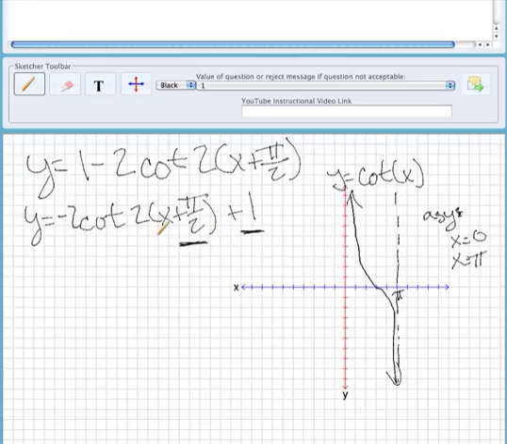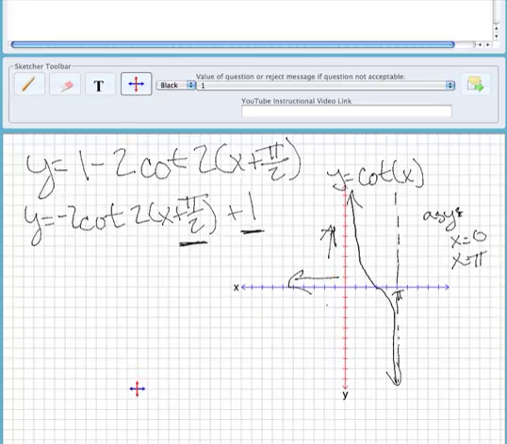This is going to shift the whole thing to the left just pi over 2, and this means it's going to shift the whole thing up 1.